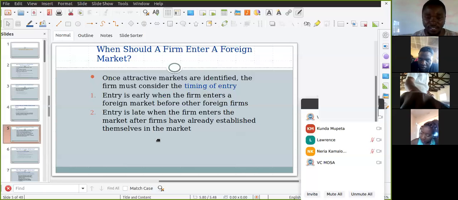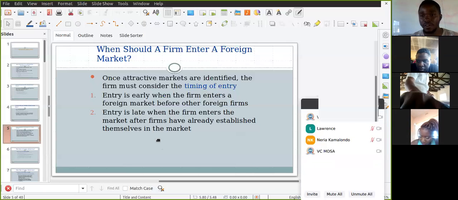Probably you will find that that marketplace is already filled up with a lot of producers, a lot of suppliers, and at the end of the day, you find yourself in a competitive environment where you are experiencing lower profit margins or zero profit margins, which are just normal profits.